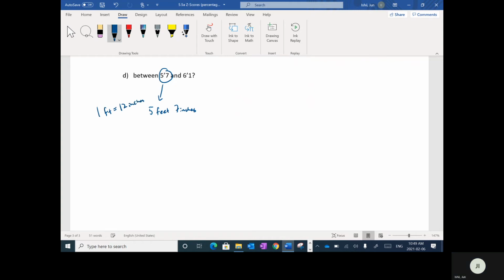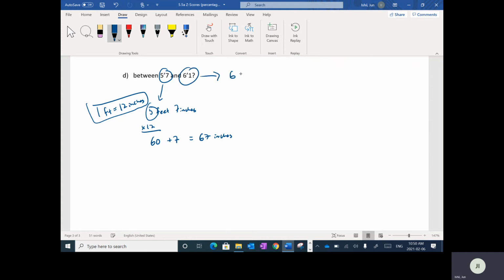So to convert this to inches, I take the 5 and multiply it by 12, because there's 12 inches in a foot. That's 60 inches, and to that I add another 7, so 5'7" is 67 inches. Hopefully that makes sense. Likewise, I'm going to do the same thing with the other one.